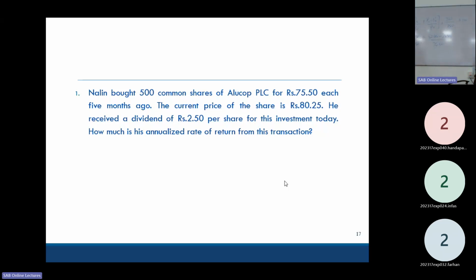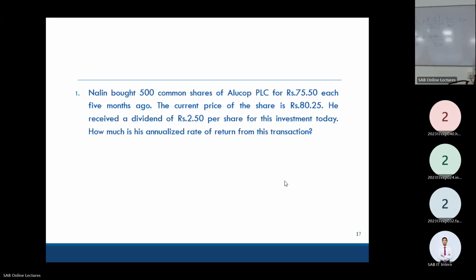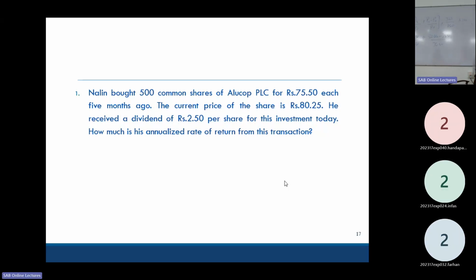Holding period return is how much? 23.36. That is holding period or annualized? Final answer. No, holding period return.